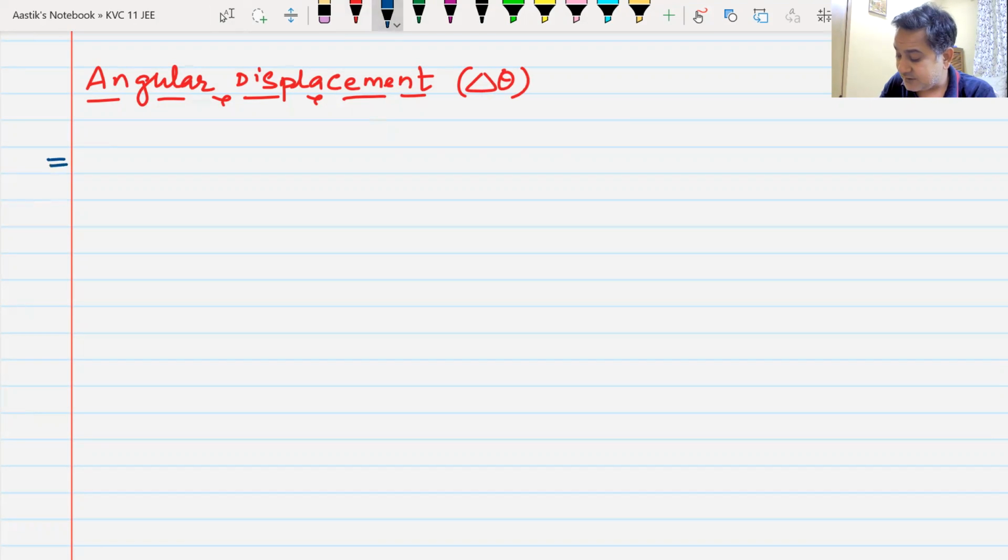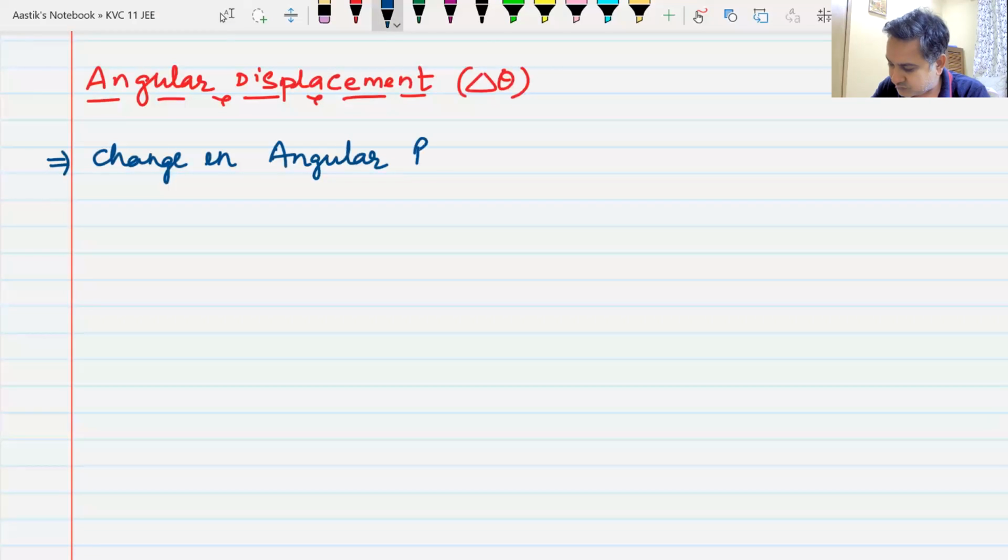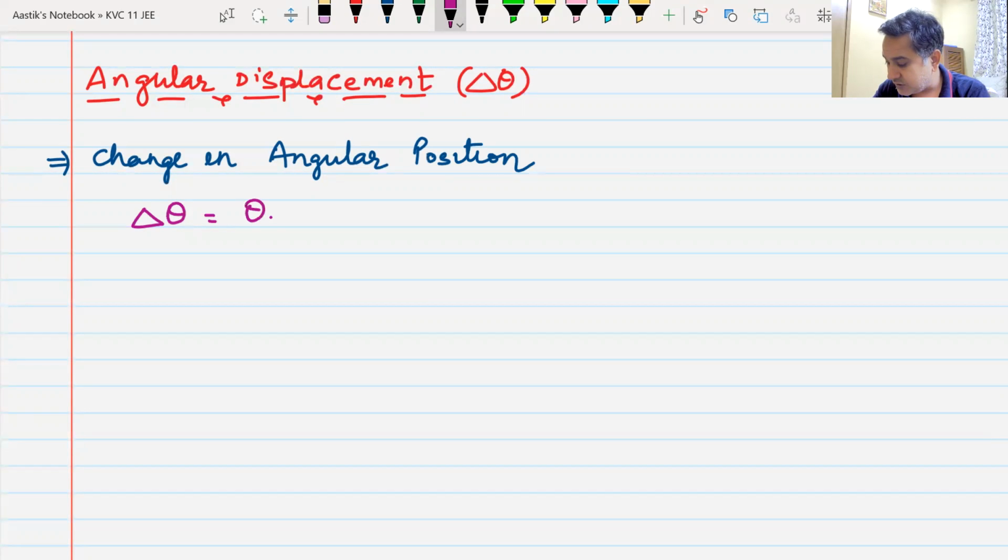So how will I define it? It is basically change in angular position. As soon as we use the word change, delta comes. Delta theta, the change in angular position, would be final angular position, you can call it theta 2, minus theta 1, which is the initial angular position.